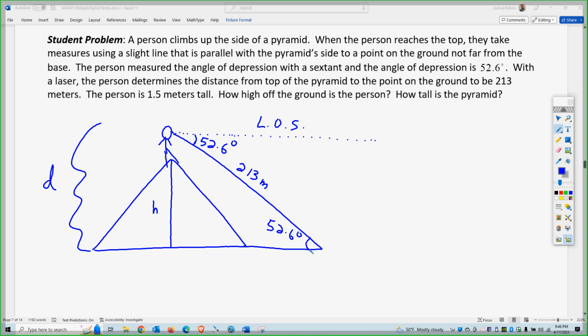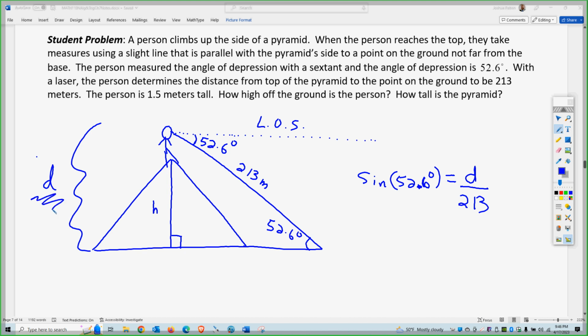So what I'm going to use is the sine of 52.6 degrees equals the opposite over the hypotenuse, right? Because if you think about the relative triangle, I really have a right angle here, and the opposite is D, which is over here, and the hypotenuse is 213.